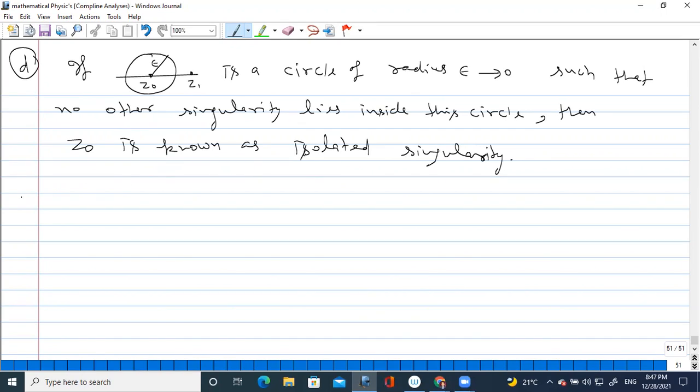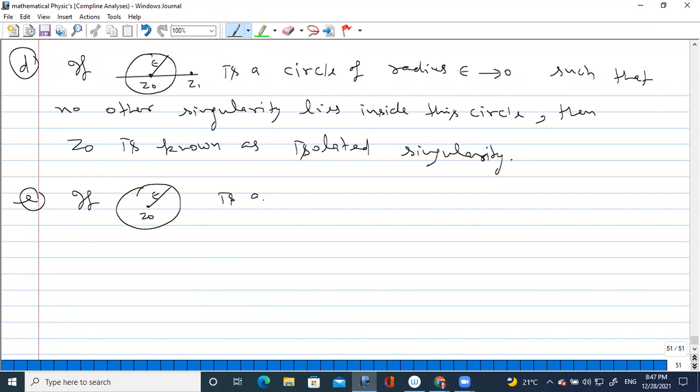Okay, E point. The same definition I'm writing. This point is Z0.